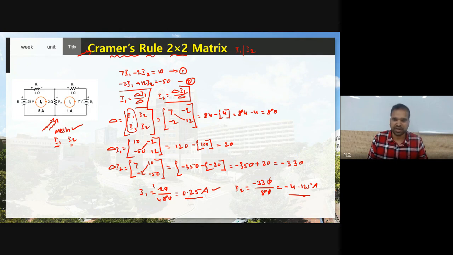So delta is the I1 and I2 coefficients from equations 1 and 2, and I find the determinant. For delta I1, instead of the I1 terms in delta, I keep the constant values 10 and minus 50. For delta I2, instead of the I2 terms, I keep the constant values and find the determinant. Therefore, I get the I1 and I2 values. In our coming video, I am going to explain Cramer's rule for a 3 by 3 matrix. Thank you so much.